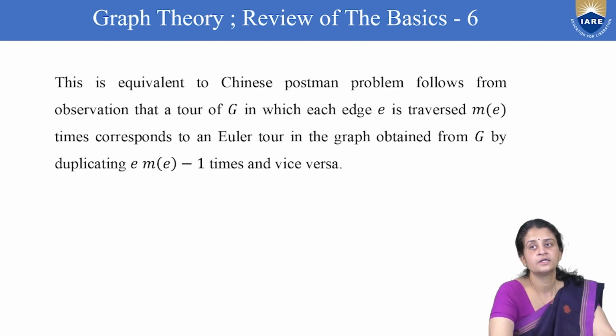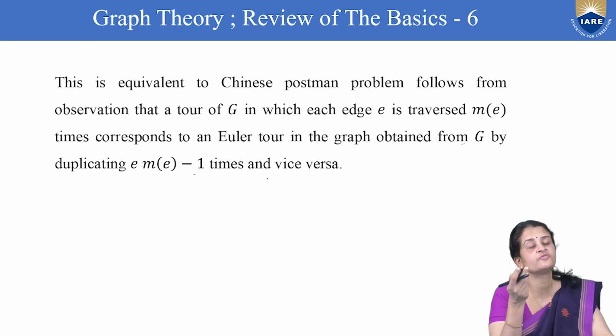That is, it follows from the observation that a tour of G in which each edge E is traversed m times corresponds to an Euler tour in the graph obtained from G by duplicating that edge E by m minus 1 times.